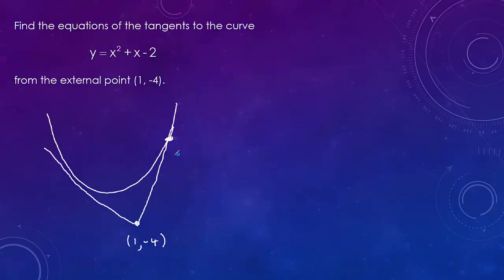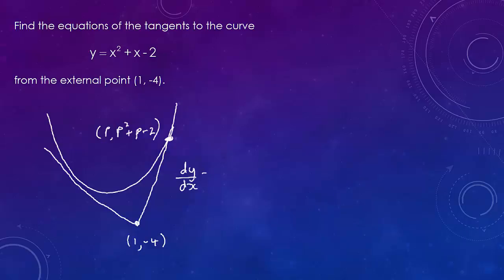So let's just think about this point, and let's suppose that the x-coordinate there is p. The y-coordinate would be p squared plus p minus 2. Now let's also think about the gradient.